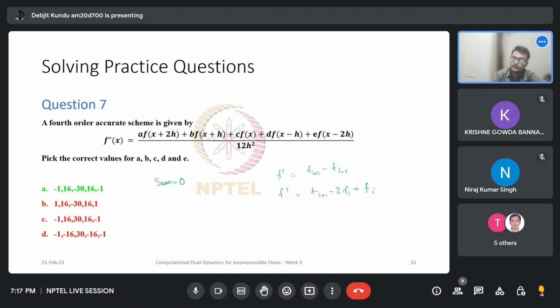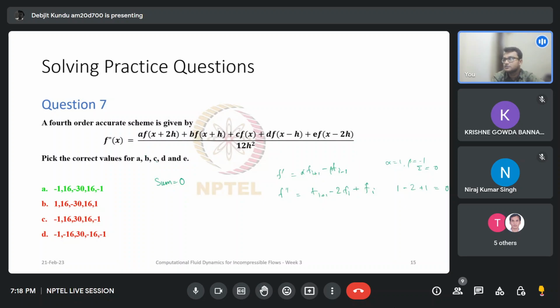No matter how you discretize these equations, the coefficients, so let's say here I have alpha and beta. So alpha equal to 1, beta equal to -1, and their sum is equal to 0. Similarly, here I have 1 minus 2 plus 1, the sum is equal to 0. There is no law which says that it has to be like this, but this is a simple observation which we make while making different discretizations of equations of different order.